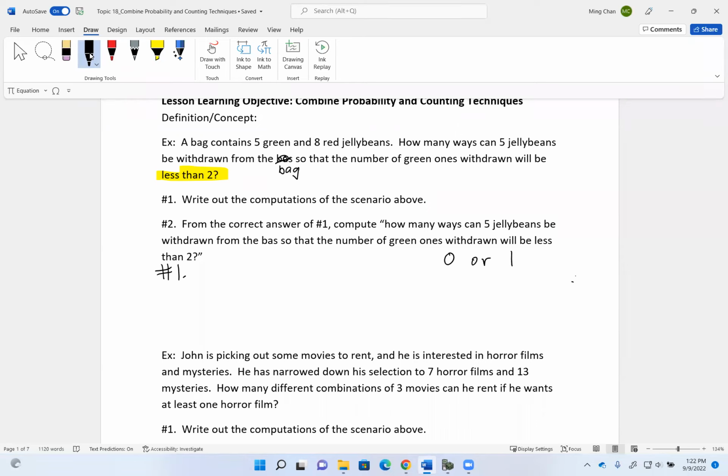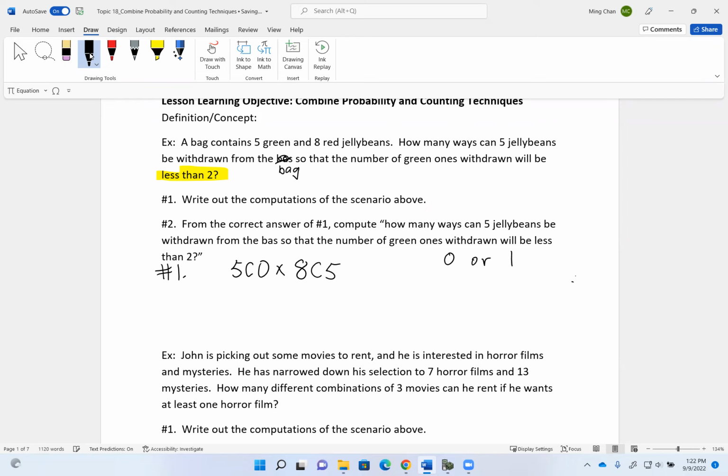So first, we need to find out how many ways we will draw 0 green ones. There are 5 green ones, drawing 0 of them, followed by, because if I'm not drawing any green ones, that means I'm drawing red ones. I got 8 red jelly beans, and I need to draw 5 of them.